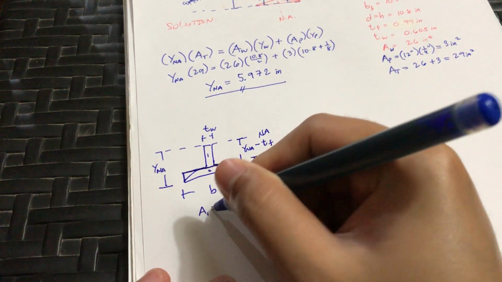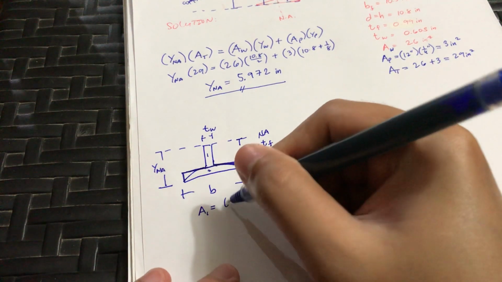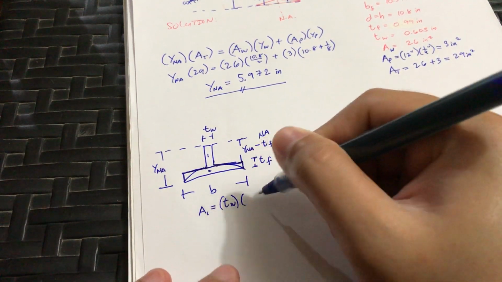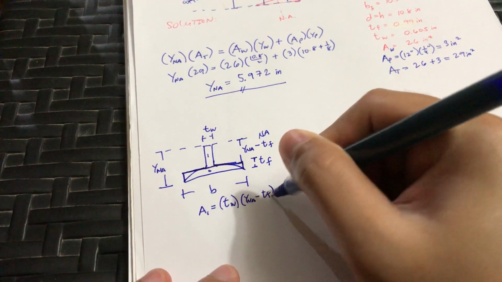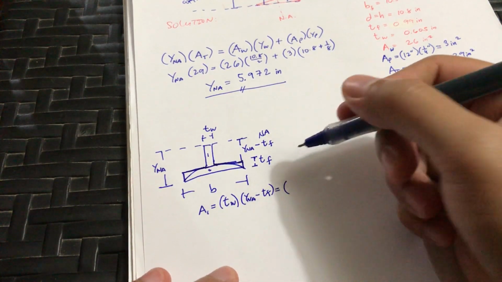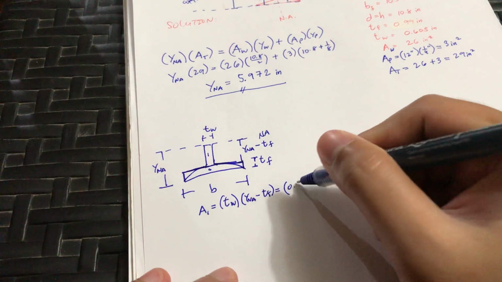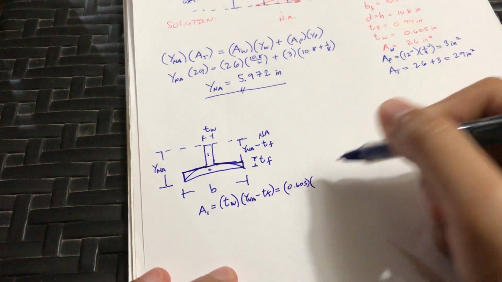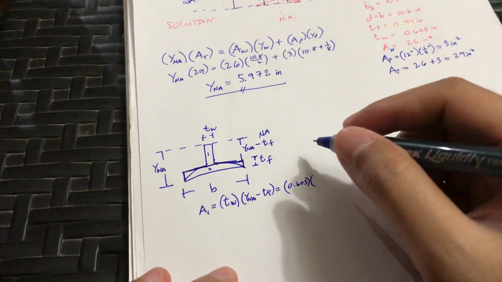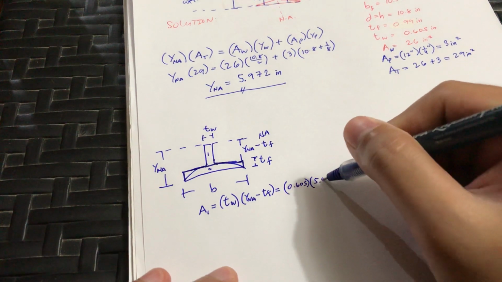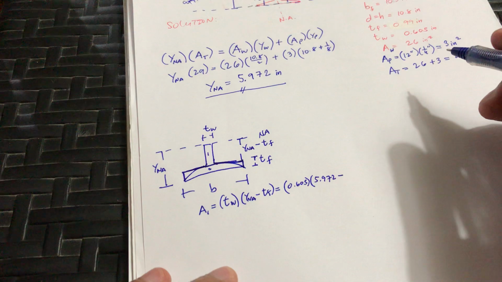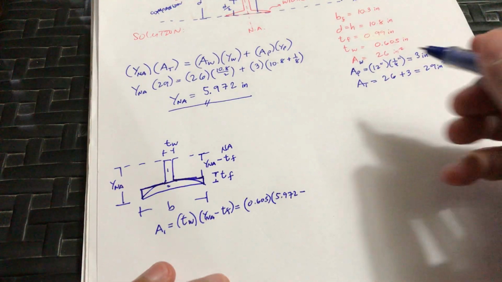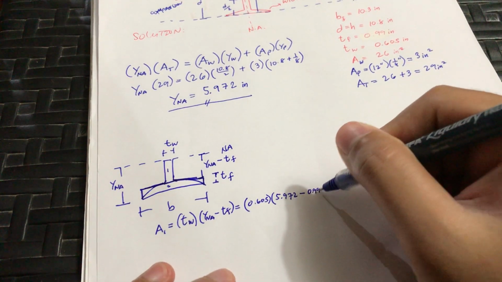The area 1 for this one is thickness of the web times y and a minus tf. The thickness of the web is 0.605, times the y and a, which is 5.972, minus the thickness of the flange, which is 0.99.